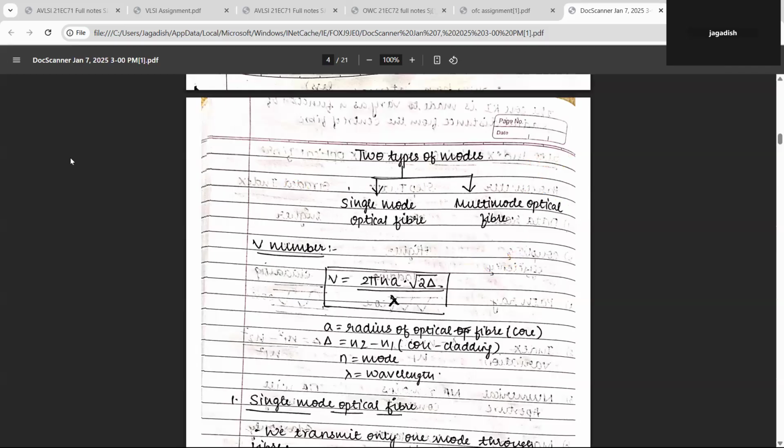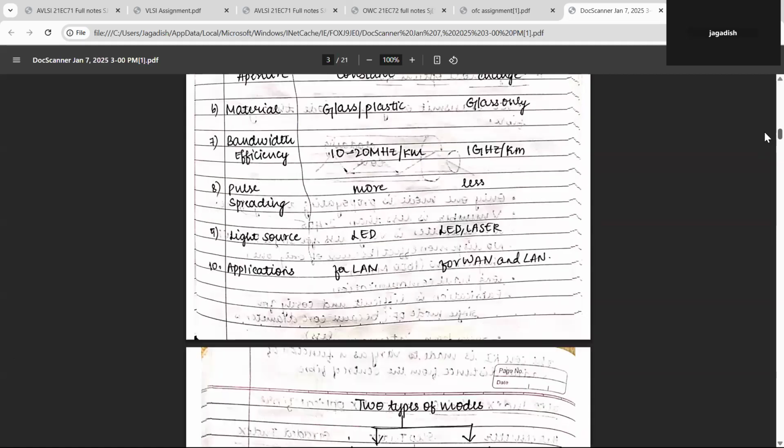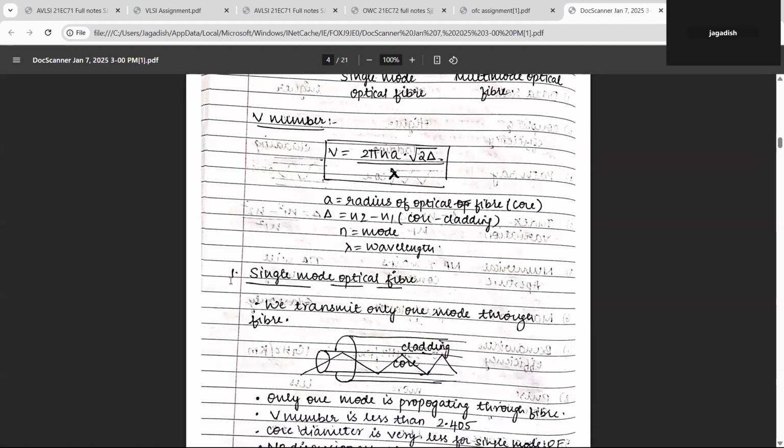Okay. Next, the V number formula. What is the numerical aperture in the case of a step index fiber? Will it change or remain the same? Here it will remain constant, whereas in graded index it will change.